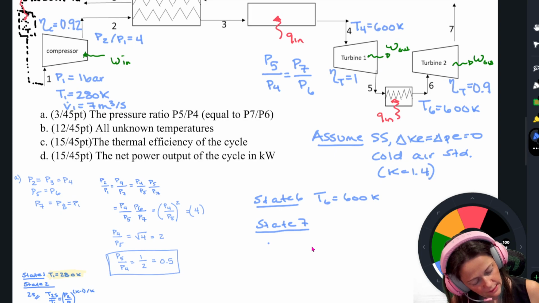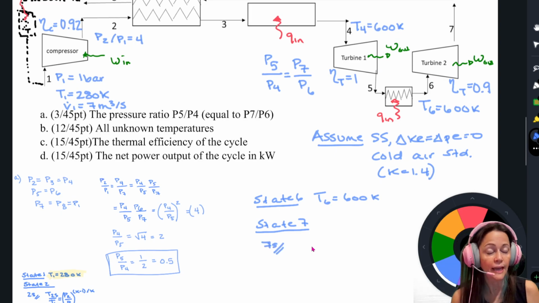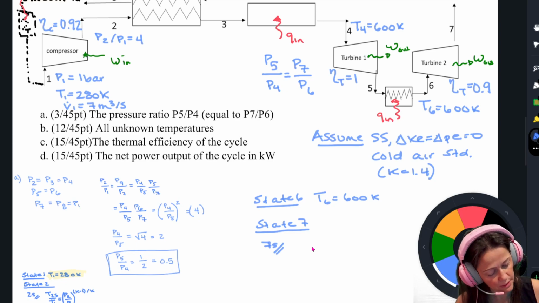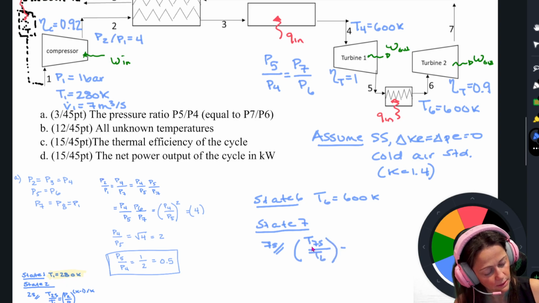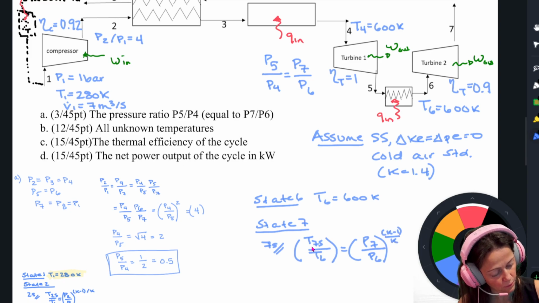I'm going to need state 7s, and then I'll need state 7 using the isentropic efficiency. So for state 7s, I'm going to use an isentropic relationship. It's going to be T7s over T6 is P7 over P6 to the K minus 1 over K. And of course, this has got to be 0.5.